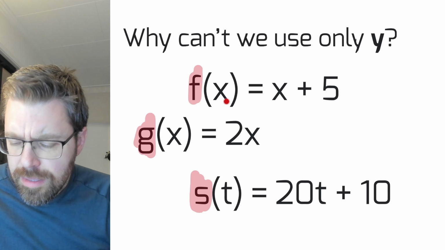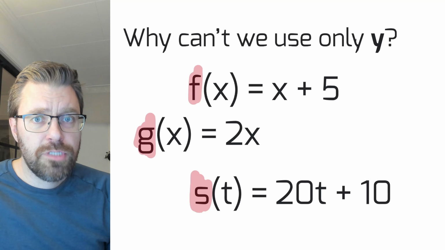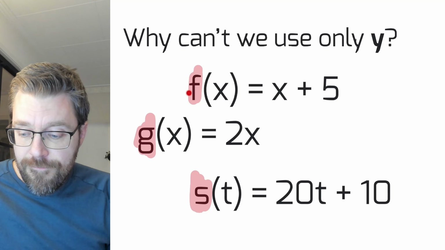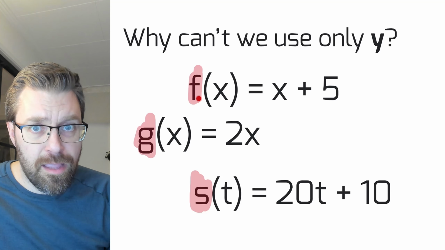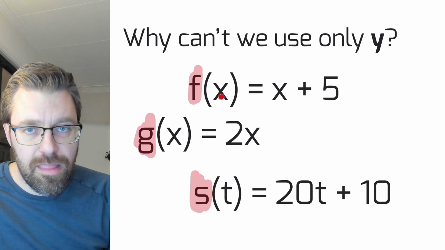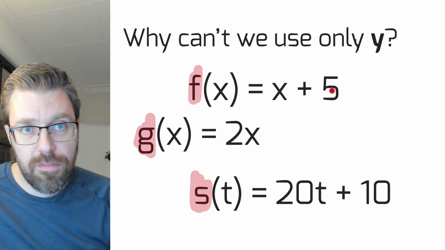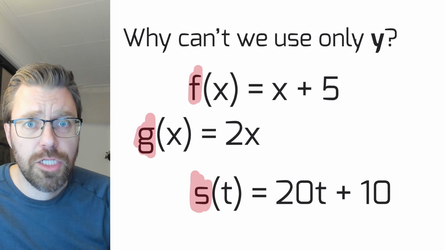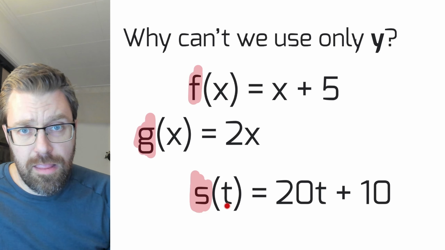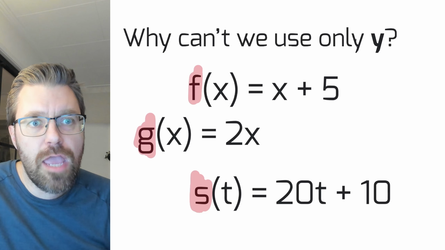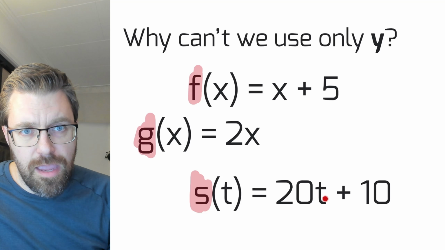And the letter inside the parentheses is there only to tell us which variable the value of f depends on. So here the value of f depends on what value x has. So if x is 2, then f will be 2 plus 5, 7. It depends on the value of x. And in the last equation we have t instead of x. It's okay, we can use different variables. The value of s depends on what the value of t is here.